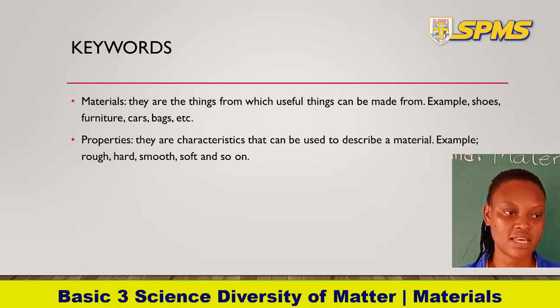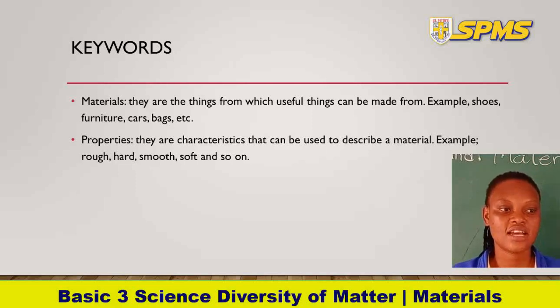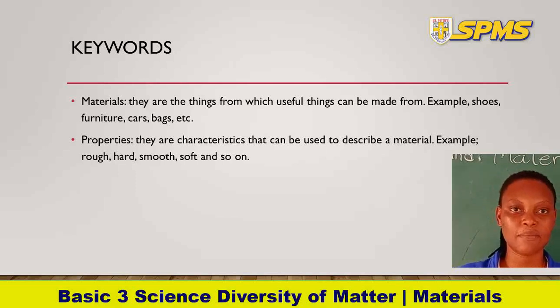Okay, so our second keyword, we have properties. They are the characteristics that can be used to describe a material. So the characteristics, same as the features, something that differentiates something from another.